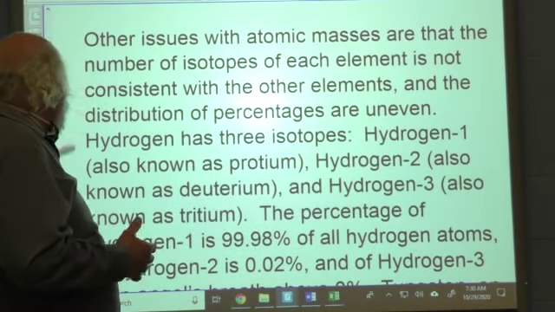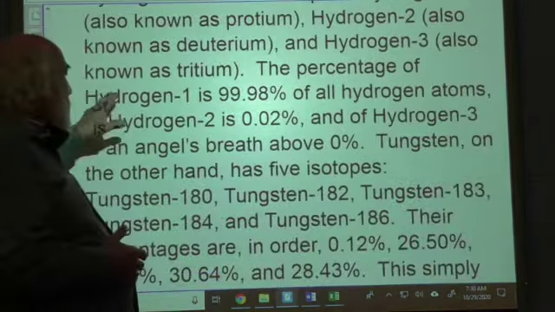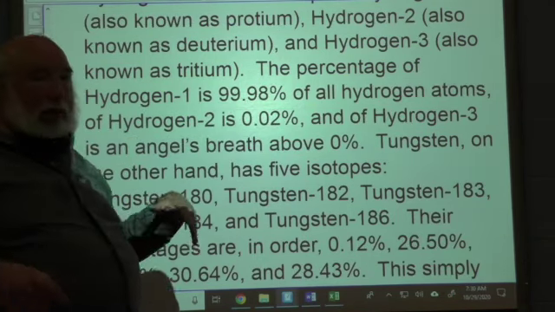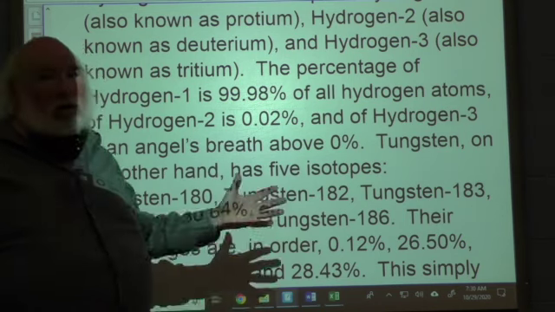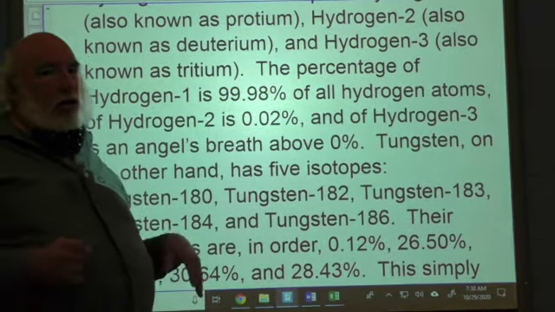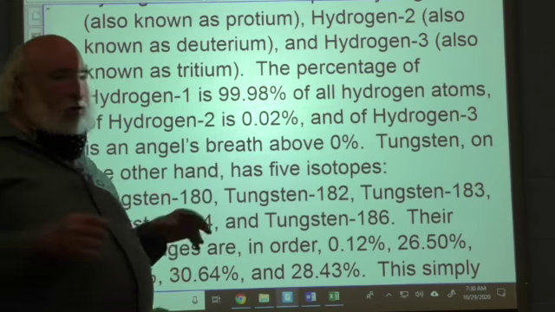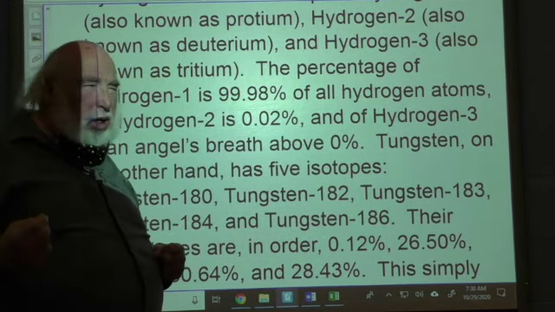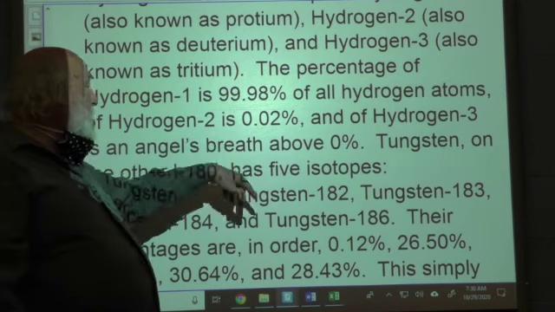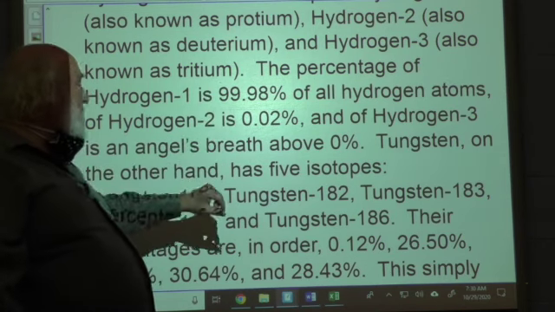In hydrogen, we find that 99.98% of all hydrogen is hydrogen 1. So basically, the entire hydrogen family is strictly hydrogen 1, with two extremely small exceptions. Hydrogen 2 is 0.02%, which adds up to 100% here.